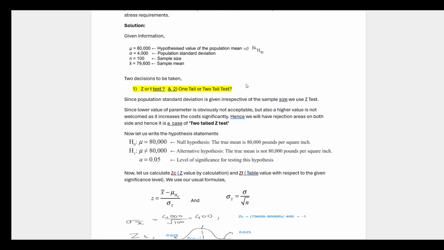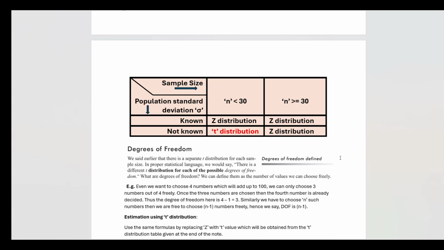Let me just bring that table right now. So if you remember, this is the table which I am referring to. If population standard deviation is known, irrespective of the sample size, we are going to use Z distribution.